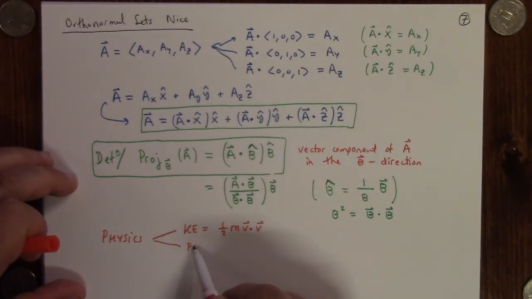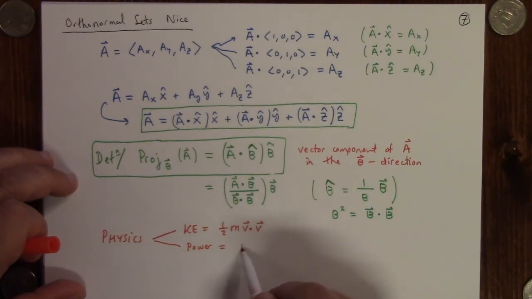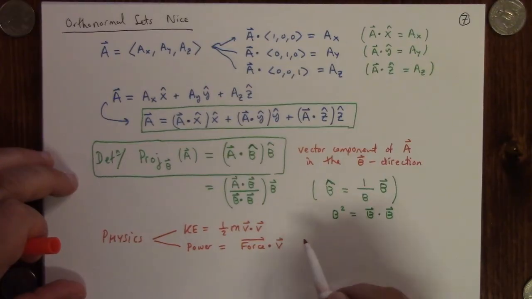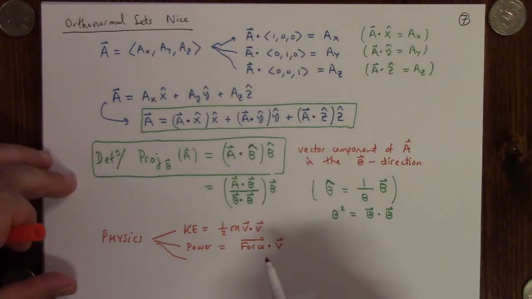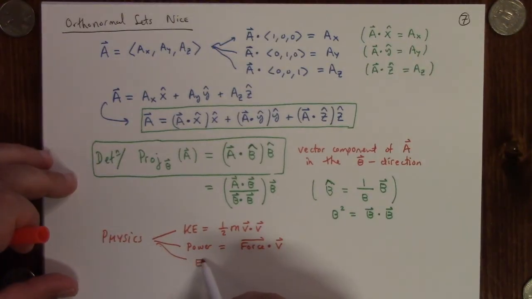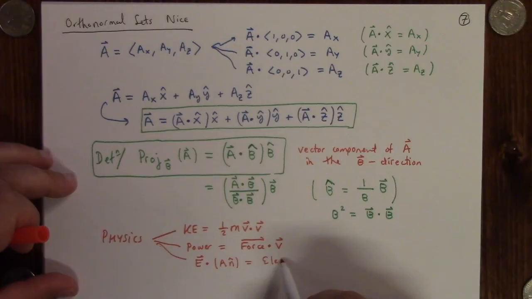You could talk about power from a force: you do the force dot the velocity, that gives you the power. And then later in this course we'll talk about flux. If you take the electric field and dot it with the area in question times the normal vector to that area, this gives us electric flux. And you could write a very similar formula for magnetic flux. Okay.